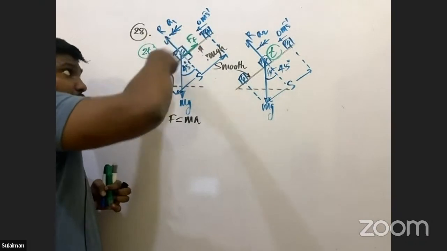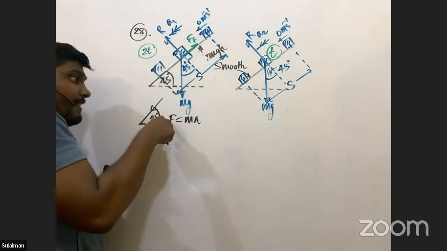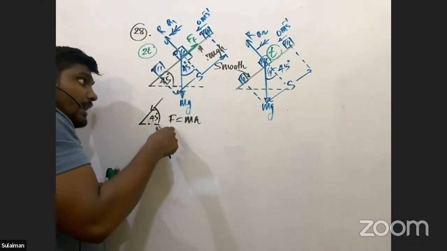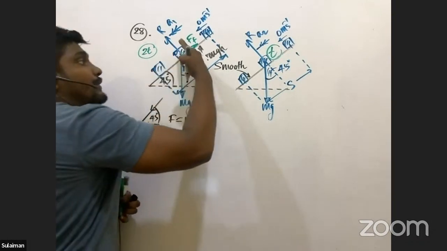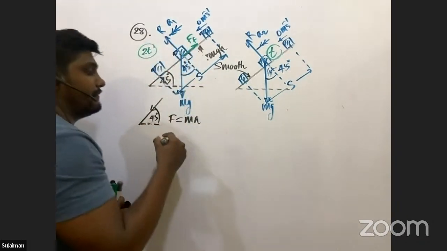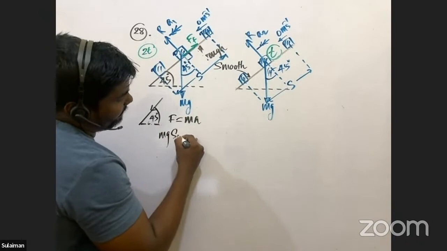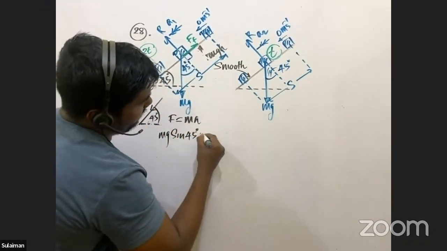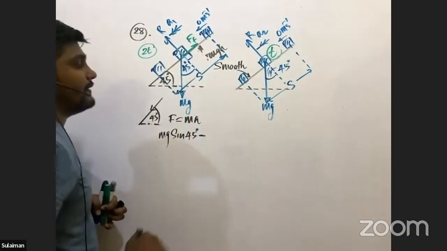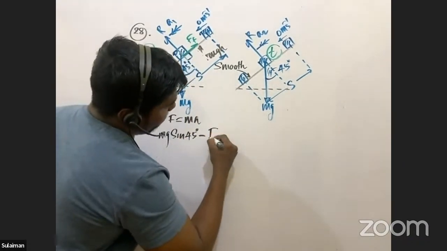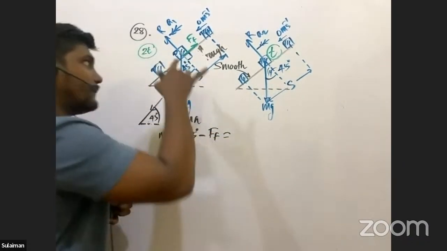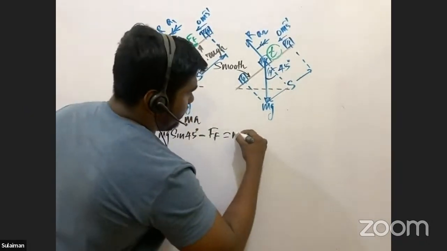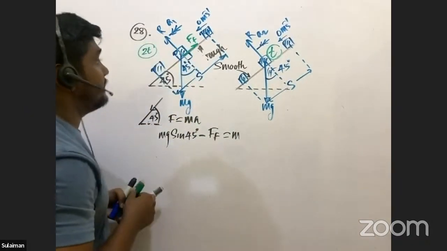Capital R is perpendicular to the plane, so no contribution to the F equals ma equation, but mg cos 45 and mg sin 45. mg sin 45 is acting along the plane downward, mg sin 45 minus friction force F_F. Mass of this object is m, acceleration is A1.